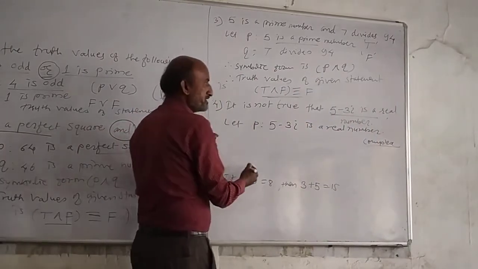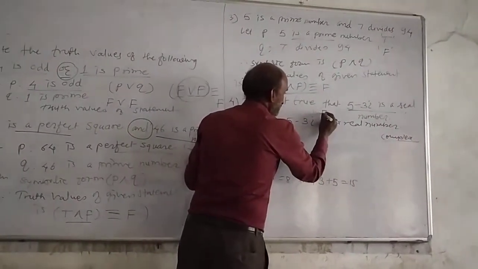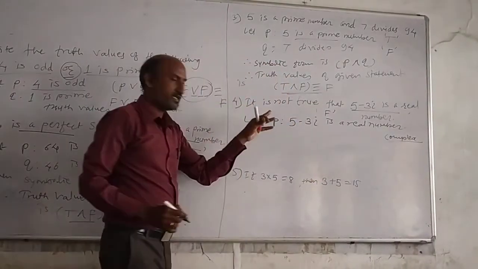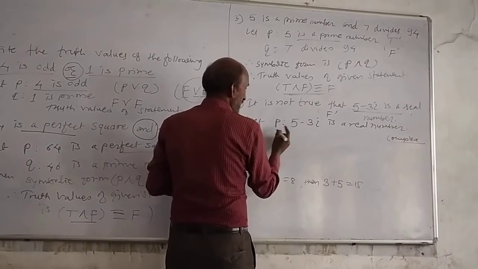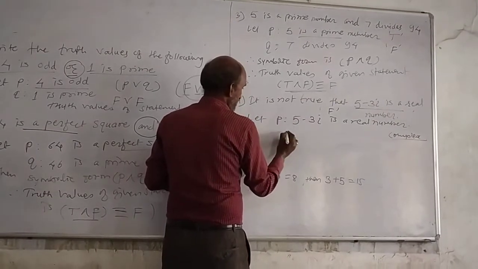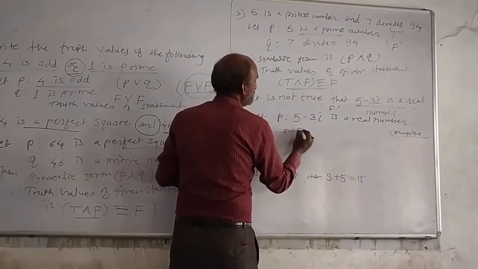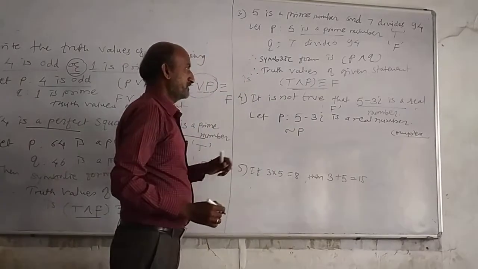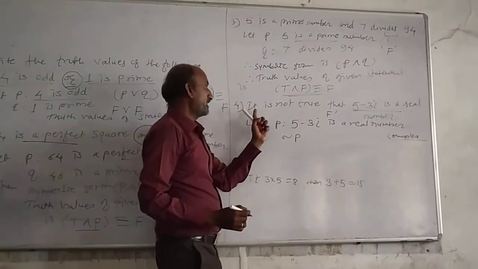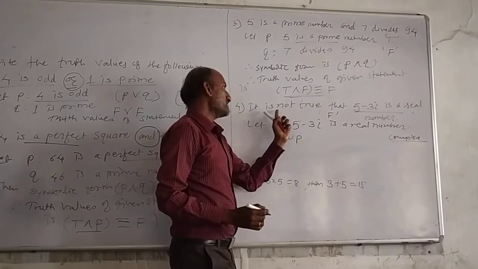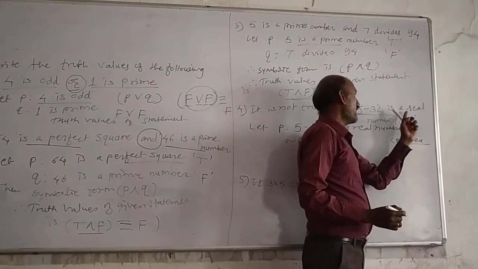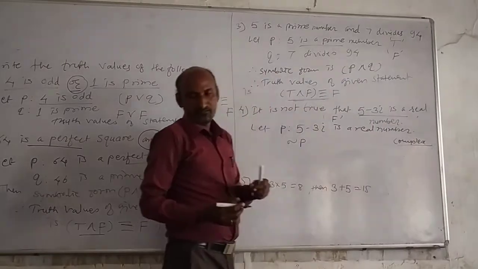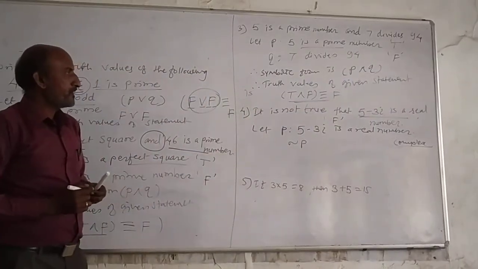This statement is false. Then how to write the symbolic form of this? Means negation of P. Here it is given: it is not true that 5 minus 3i is a real number. Ready?